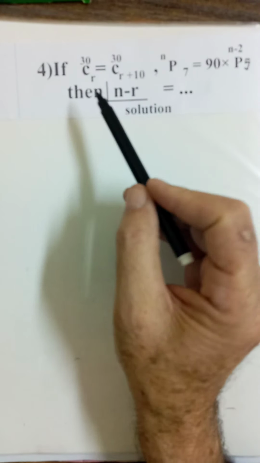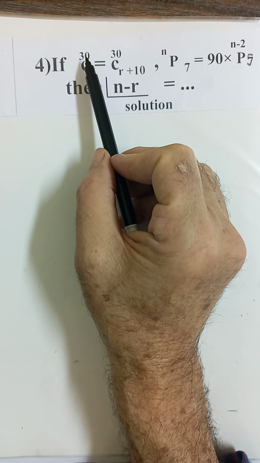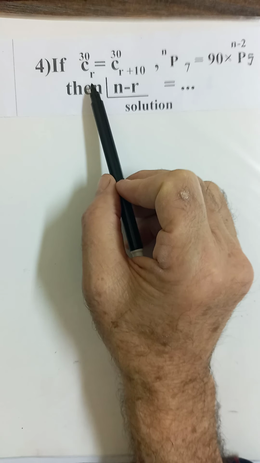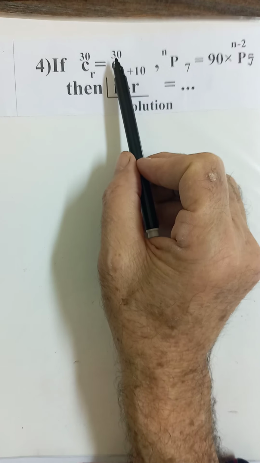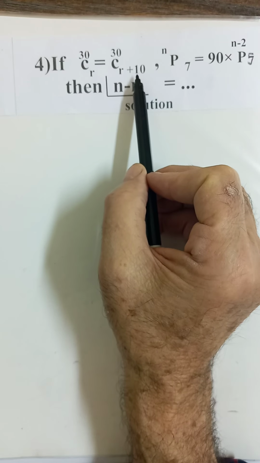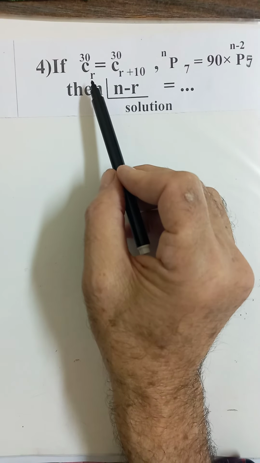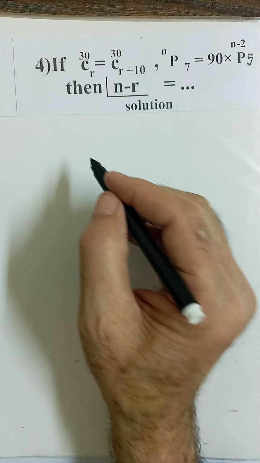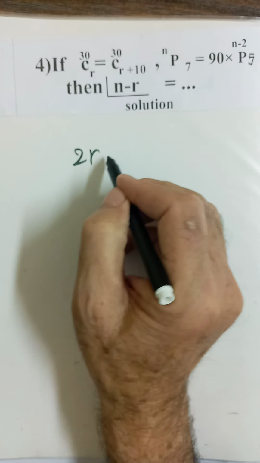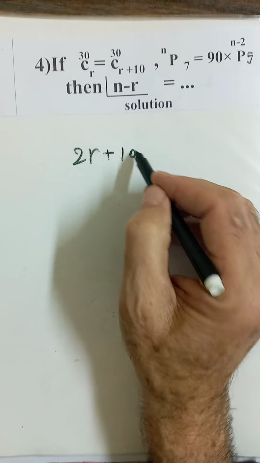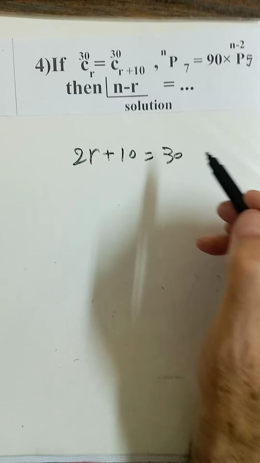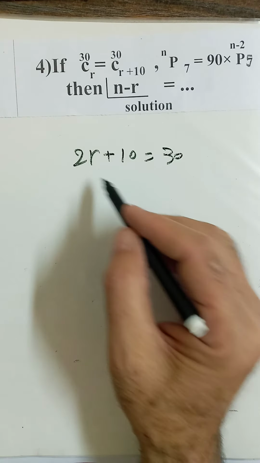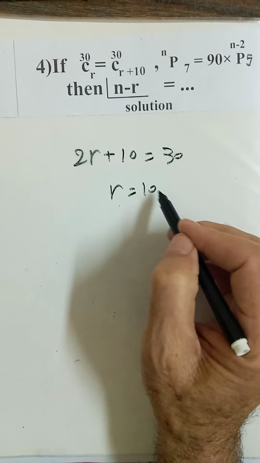From this, 30 like this 30, so R equals R plus 10 or R plus 10 equals 30. R equals R plus 10 is wrong. Therefore, R plus 10 plus R equals 30, so 2R plus 10 equals 30. 30 minus 10 is 20, divide by 2, therefore R equals 10.